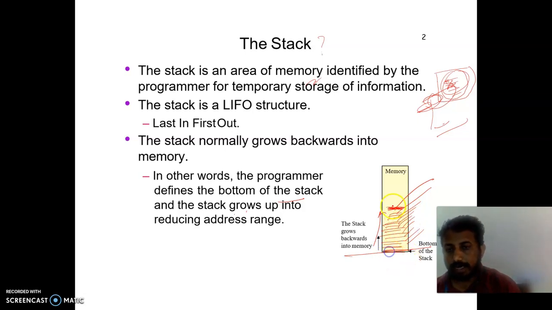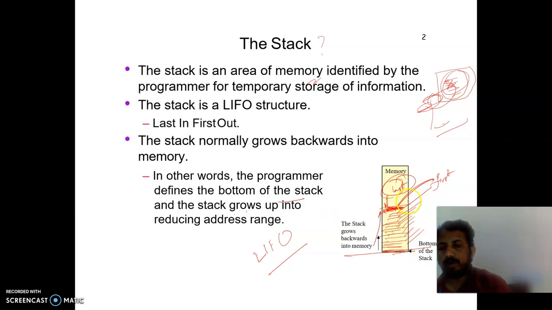Here, whichever data went in last comes out first. So it follows the procedure called last in, first out. The first data is this one, second, third, like that, and at the last, this data is filled up. When we are taking data, it doesn't take it from the bottom.